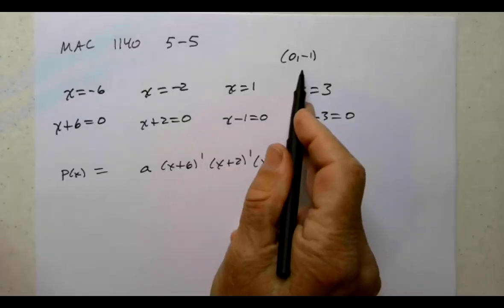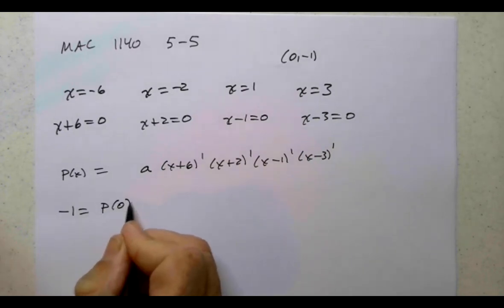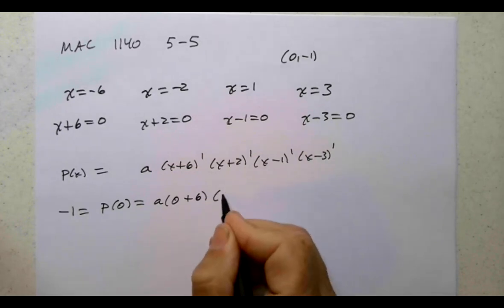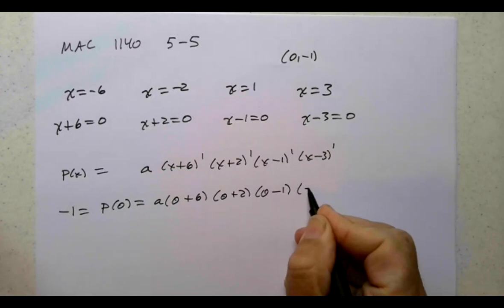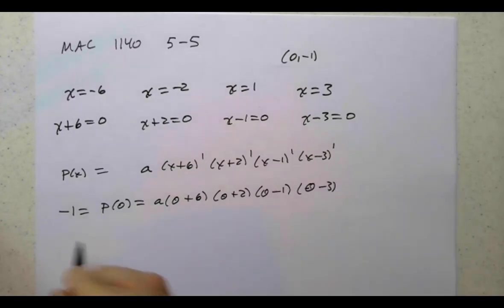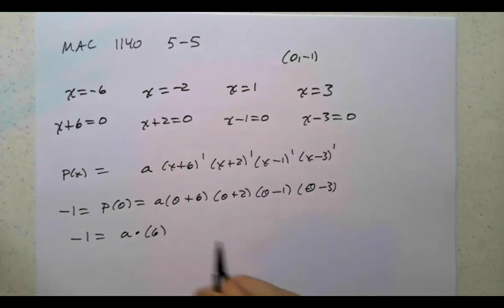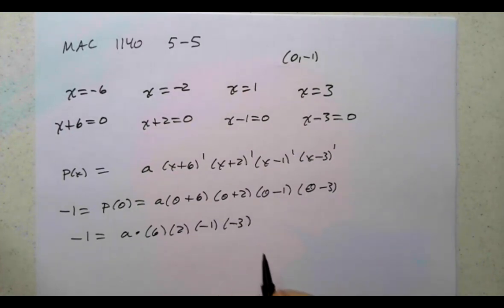If 0, -1 is on the graph, that means -1 equals p of 0 equals a times (0 plus 6)(0 plus 2)(0 minus 1)(0 minus 3). So -1 equals a times 0 plus 6 is 6, 0 plus 2 is 2, 0 minus 1 is -1, 0 minus 3 is -3.